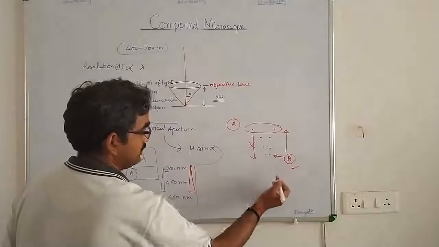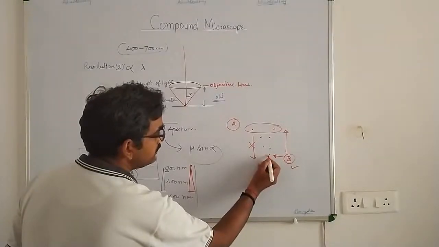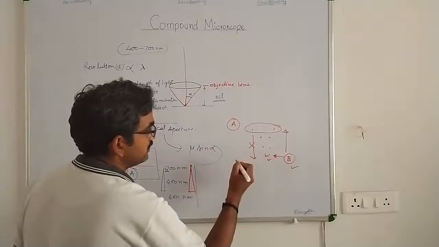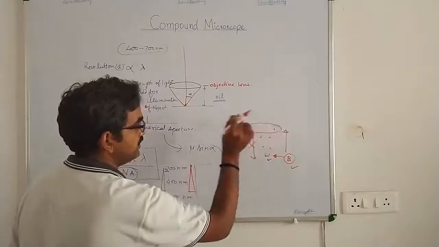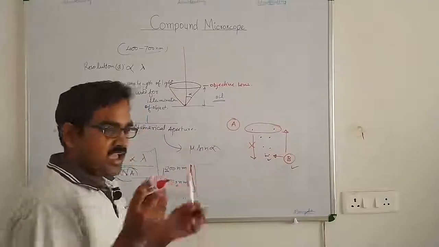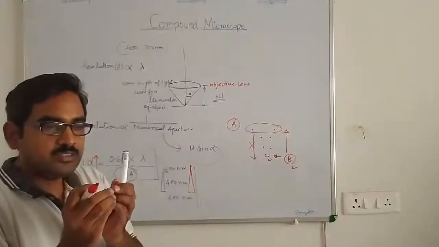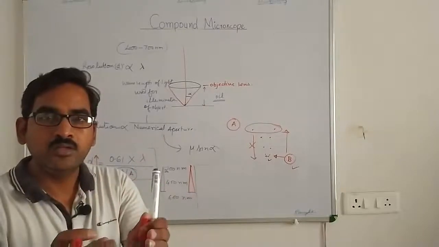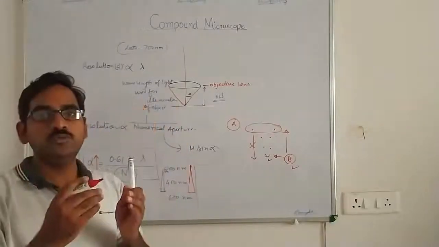B, obviously, because the distance between the objects is least here. The more closely placed the objects a microscope can observe, the higher the resolving power.